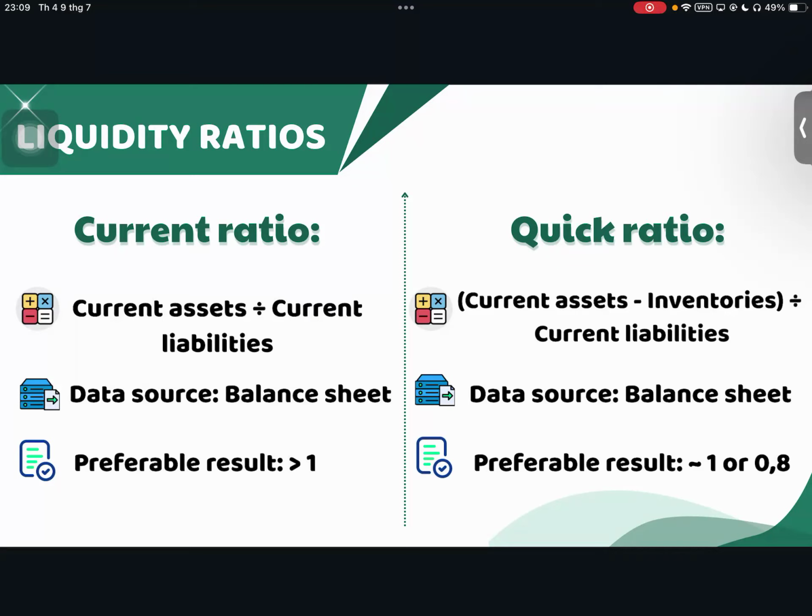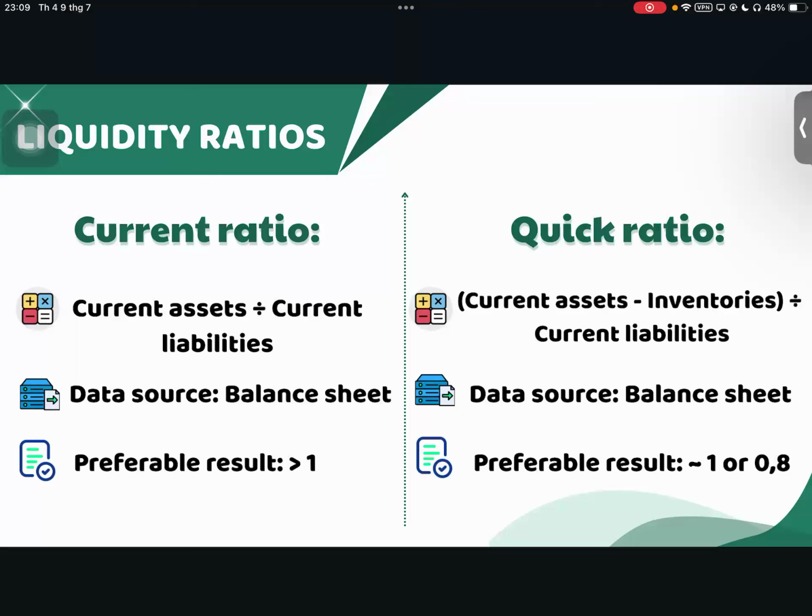So in that case, the inventory becomes a liability rather than an asset. So we need to remove it as it is risky. And from this formula, we can have a better picture of how well the supplier may meet its short-term liability.